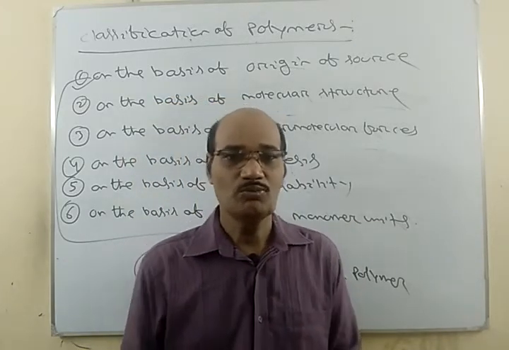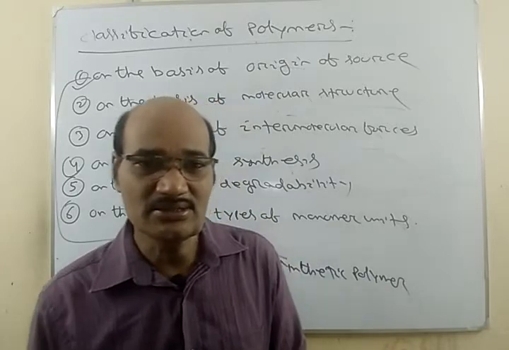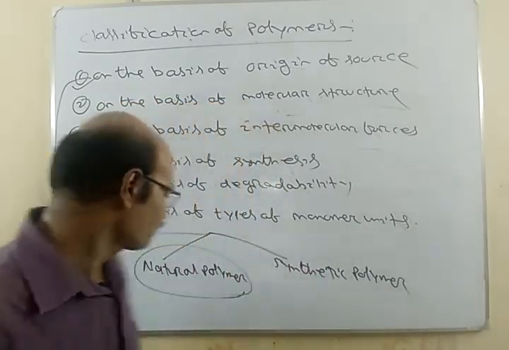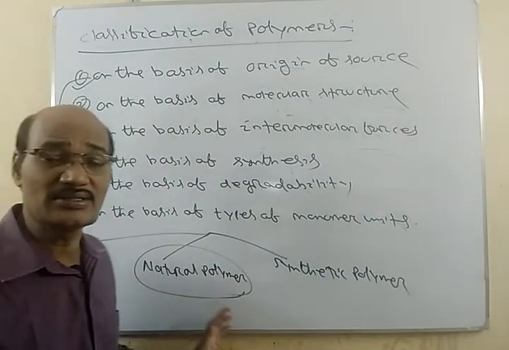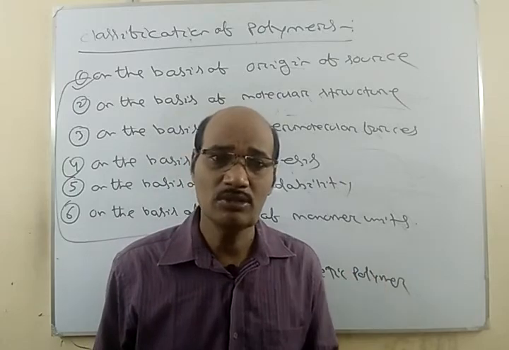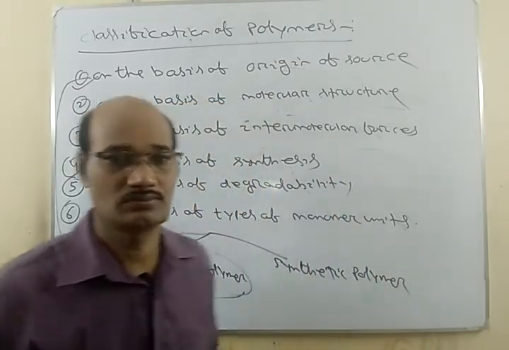Okay, so proteins, nucleic acids, carbohydrates, cellulose, starch, rubber are the natural polymers which are found in nature from plants and animals.